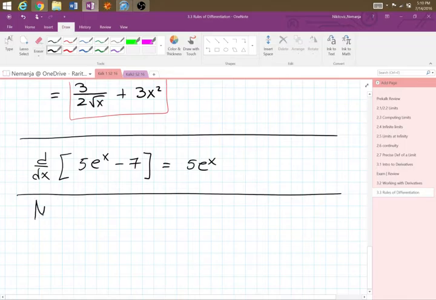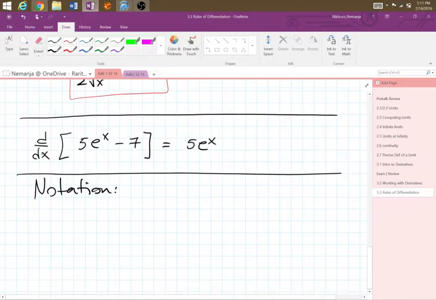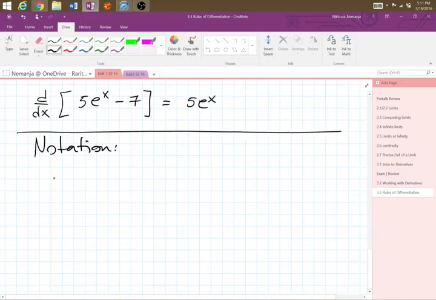Let's talk notation real quick. So if you have a function like this, and it says it's, I don't know, 3x squared plus 2x minus 1, and they ask what's the derivative, in this case you have to start a new line. We talked about that last time.